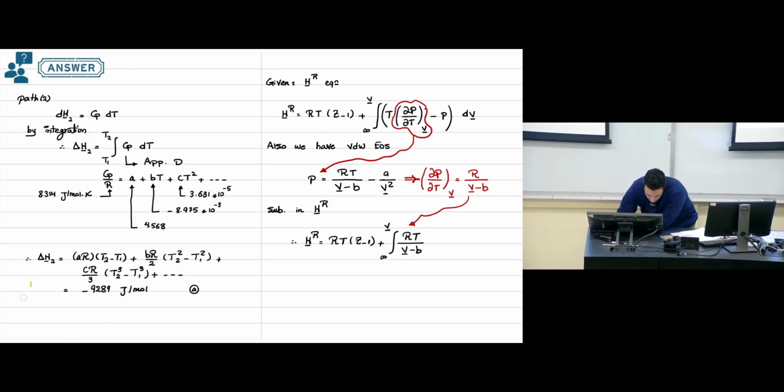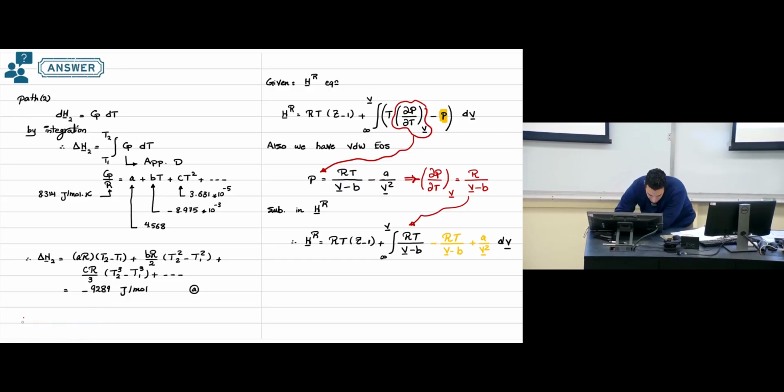Then minus P, and this one will come from the van der Waals equation of state. So this one RT over V minus B plus A over V square and all of this dV.